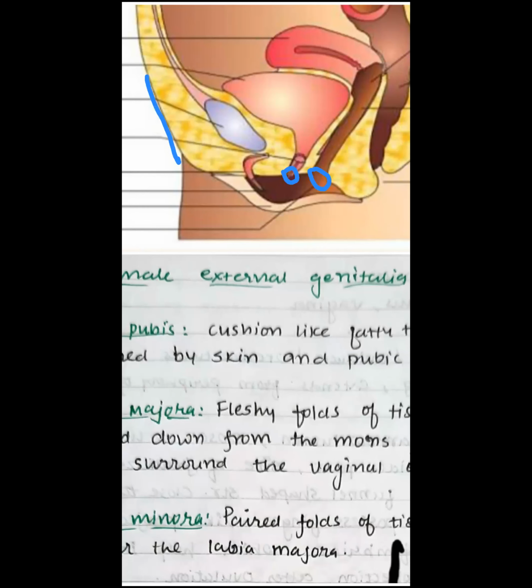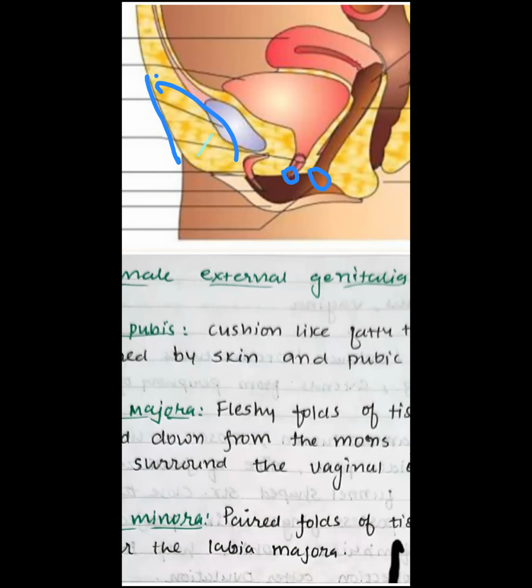In a female body, in the lowermost region of the abdomen, above the openings of the genitals, there is a cushion-like fatty tissue region covered with skin, and there is pubic hair in this region. This is termed the mons pubis.